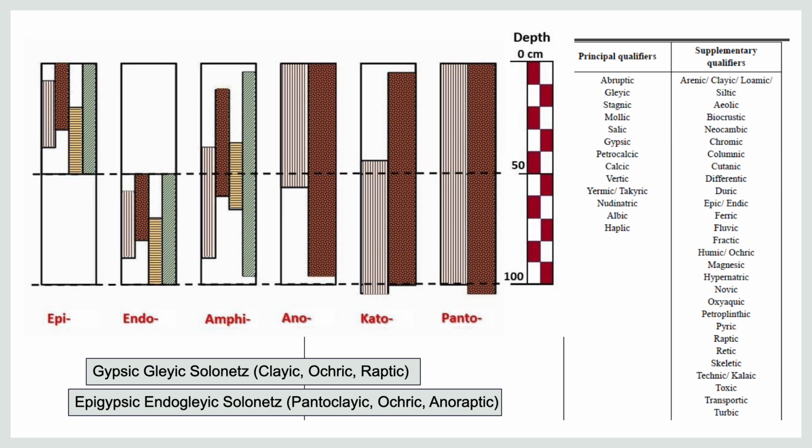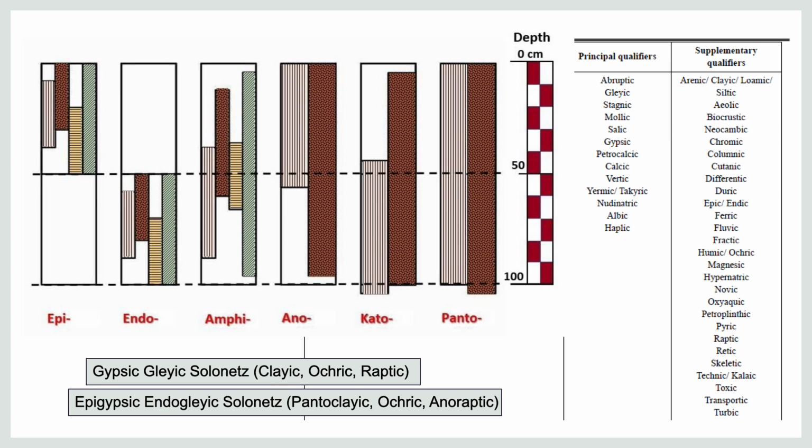So any diagnostic property or diagnostic horizon that starts at 0 or after 0 and ends at 50 or before 50 receives the term epi. All the qualifiers that start at 50 or after 50 and end at 100 or before 100 centimeters receive the term endo.